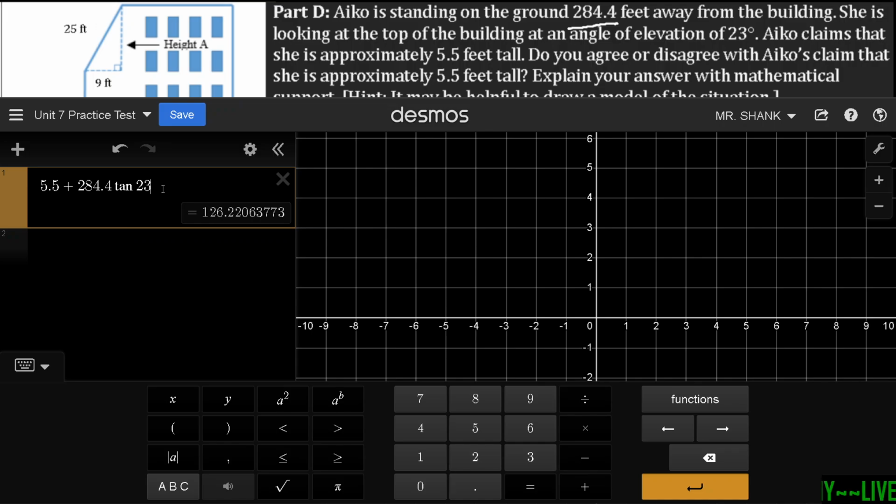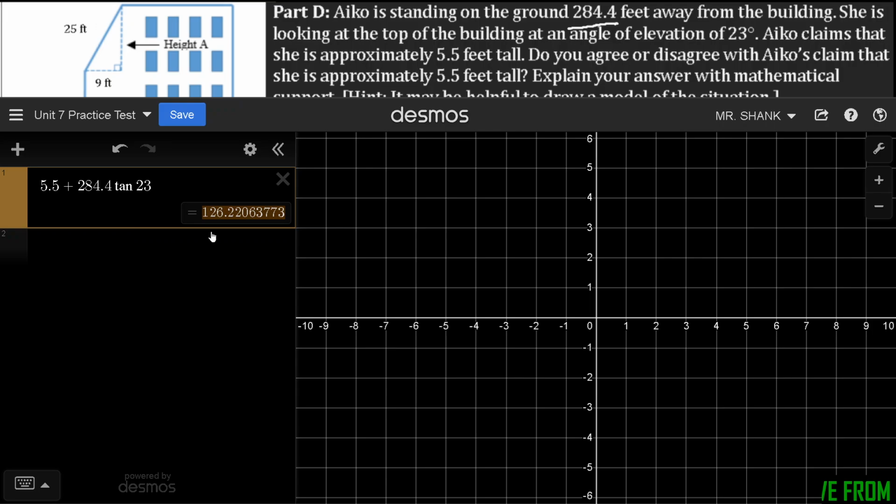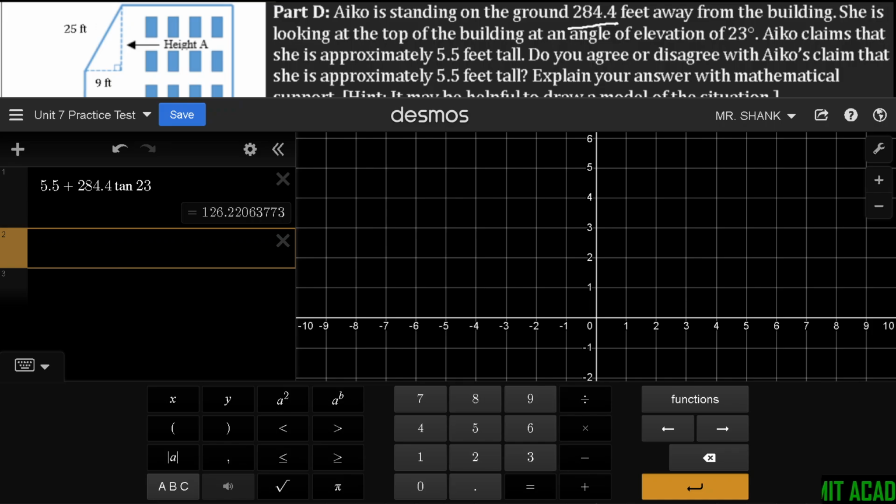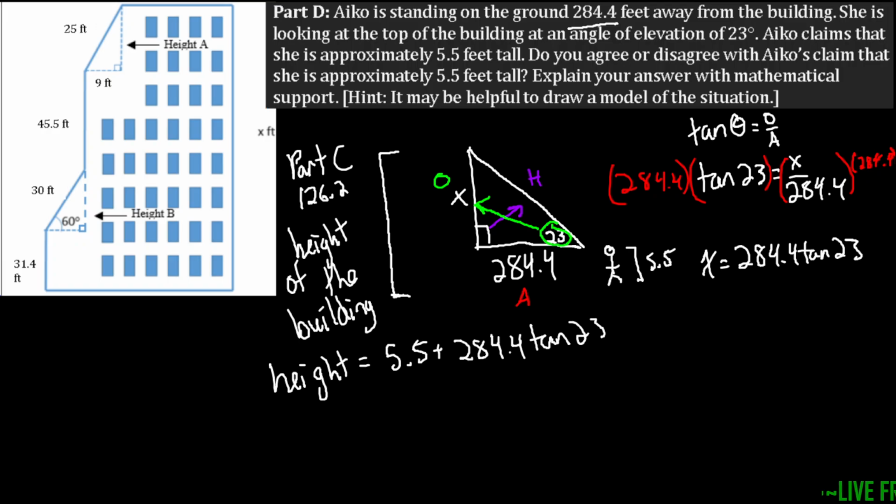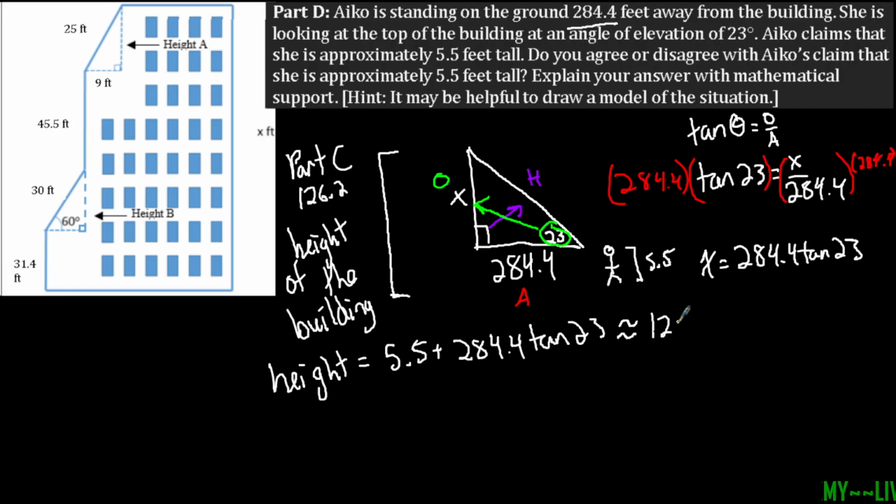And if you look, notice how our answer is very similar to our answer from part C. So this is approximately 126.2, which is our answer from part C that we got before.